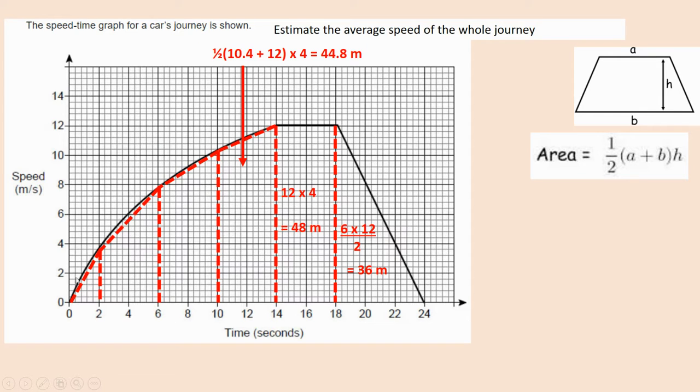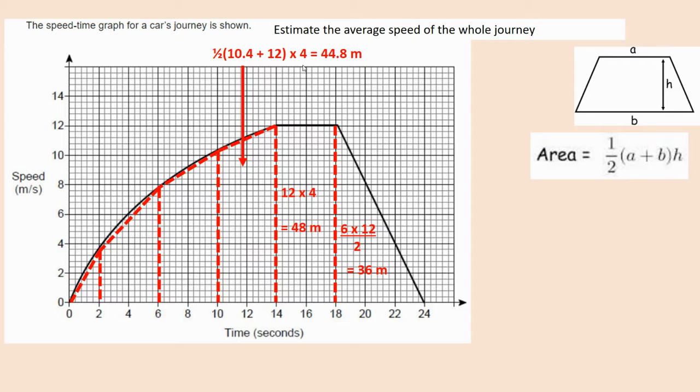If you double check each of these little squares, because 5 little squares is worth 2, each little square is then worth 0.4. So at this point here, I'm at 10.4, and obviously at this point here, I'm at 12. So I'm going to add the two of them together, half it, and multiply it by the height at that point, which was 4, and that gives me 44.8 meters.